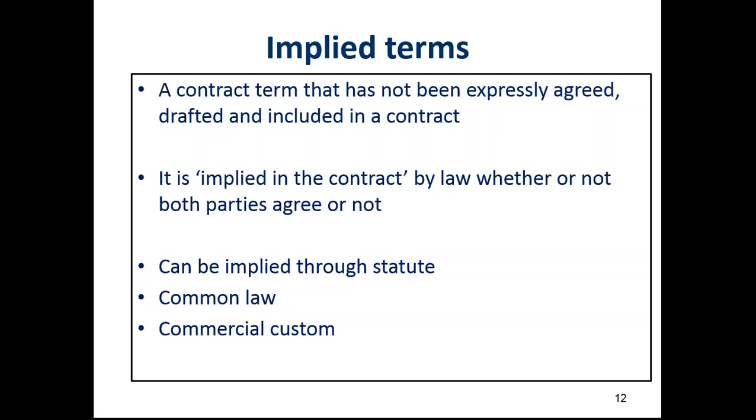The reason is that they're implied through statute. Statute is a legal term that means it's set in stone. A statute is set by law. You may not write a term that undermines statute. So you may not write an express term that undermines an implied term. The implied term is always there.